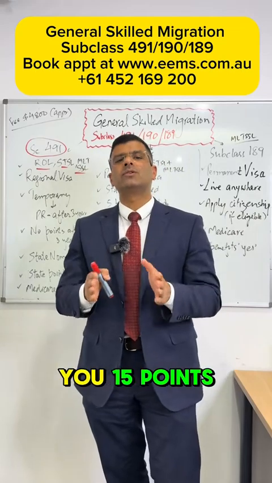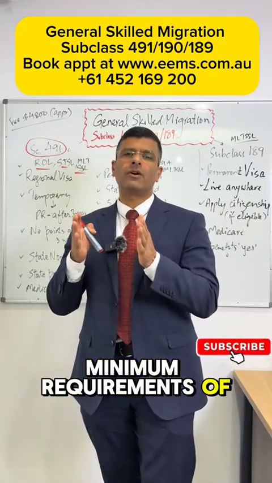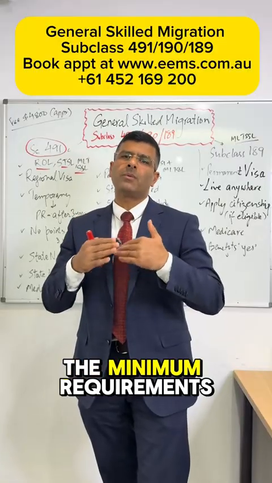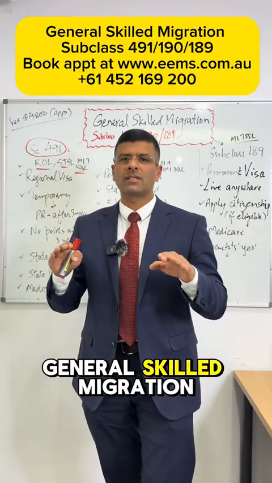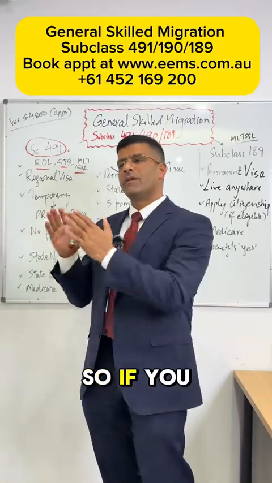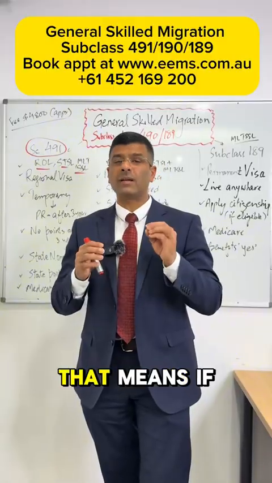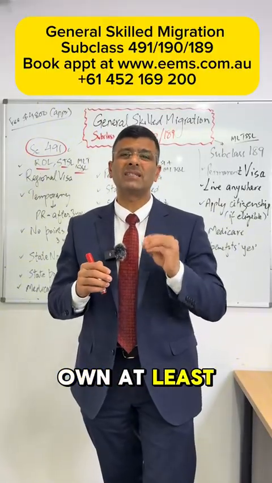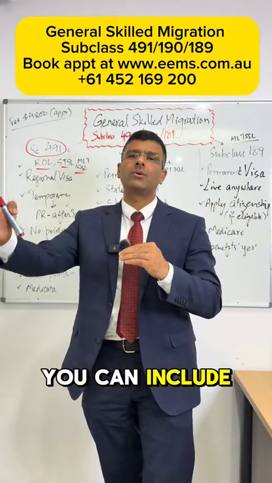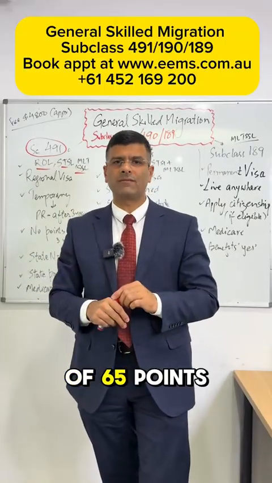The state gives you 15 points to meet the minimum requirement of points. For applying for general skilled migration, you need at least 65 points. So if you apply for a subclass 491 visa, the state gives you 15 points. That means if you have at least 50 points of your own, you can include the state's 15 points and make the minimum requirement of 65 points.